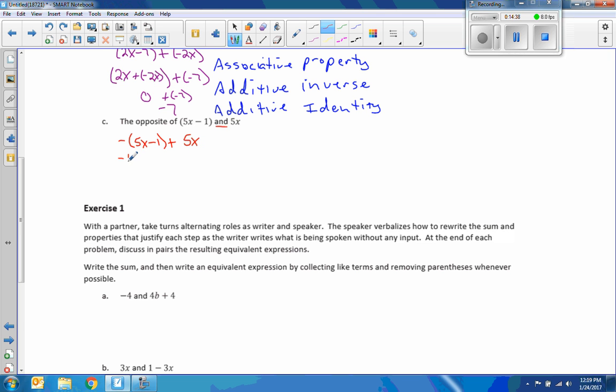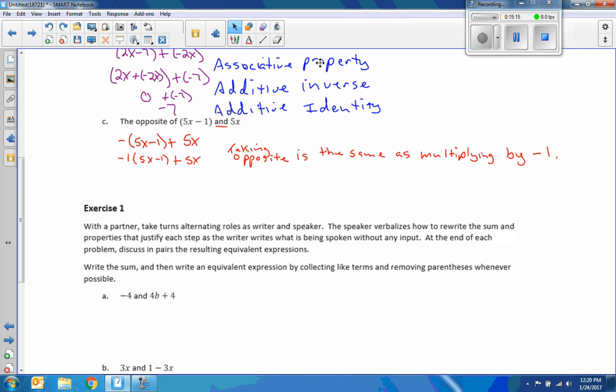Okay, so I'm going to change this to a negative 1. I'm just going to throw a negative 1 in there to explain this. Taking the opposite is equivalent to multiplying by negative 1. Taking the opposite is the same as multiplying by negative 1.